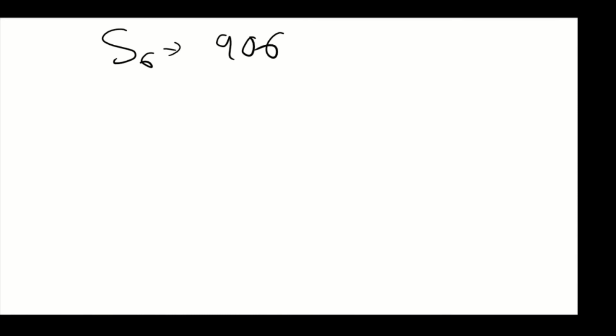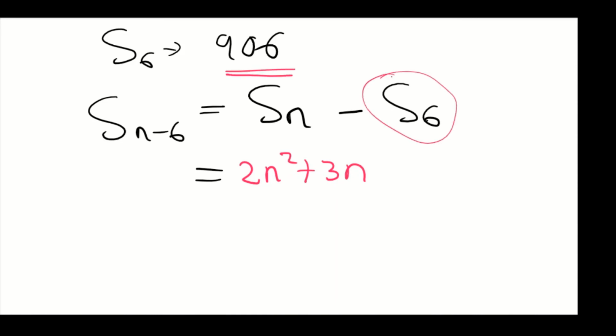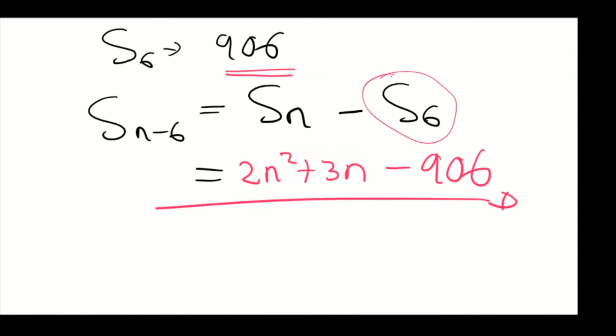To find our solution, we say the sum of n minus 6, so we are subtracting the 6 terms, is equal to our sum that we found in the previous question minus the sum of the 6 terms that are excluded. The sum that we found in the previous question was 2n squared plus 3n, and then we subtract the 6 terms, which is minus 906. So this is the sum of n terms minus the 6 terms.